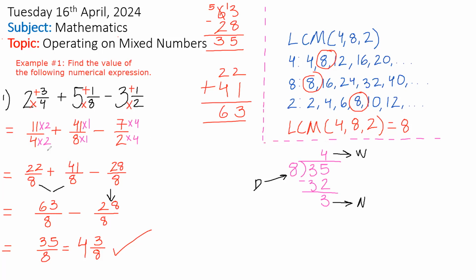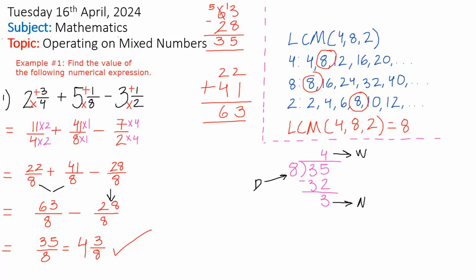So we focus at the bottom now. What times 4 gives you 8? 2. And then we look at 8. What times 8 gives you 8? 8 times 1. Good. And then at the 2, what times 2 gives you 8? 4. Good.